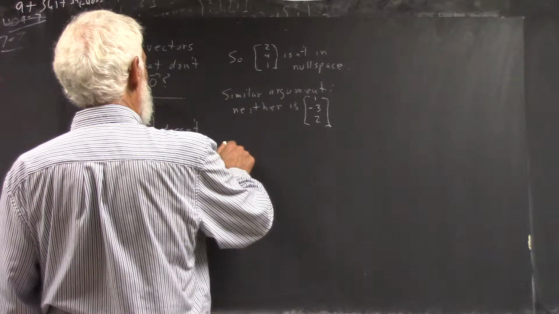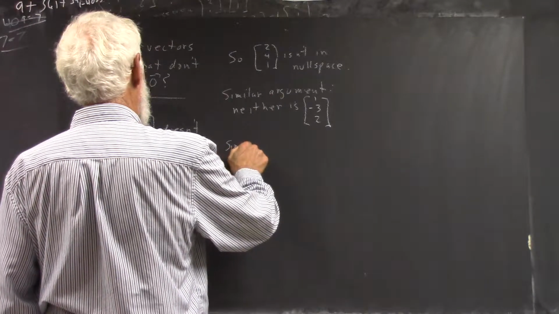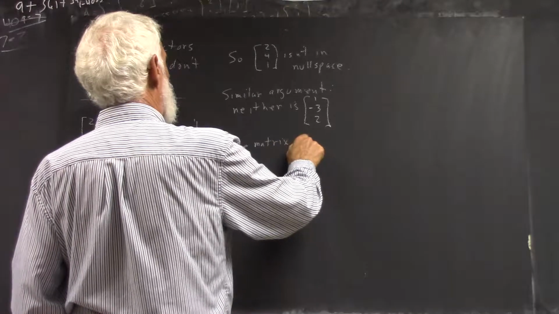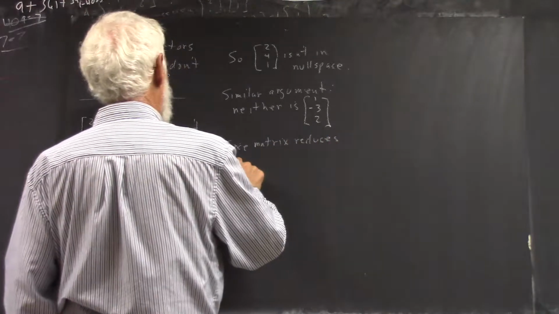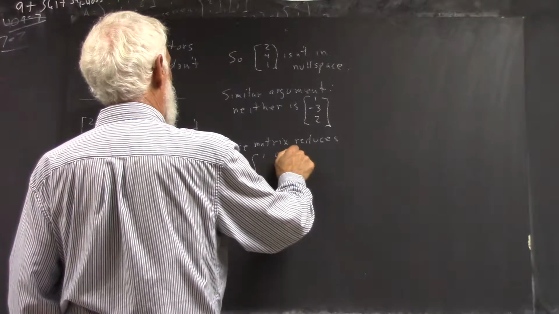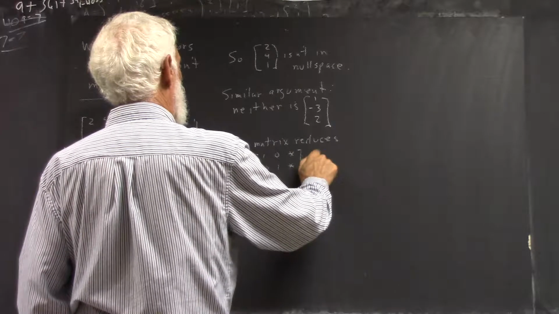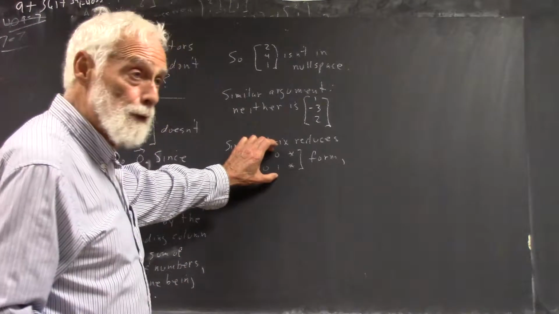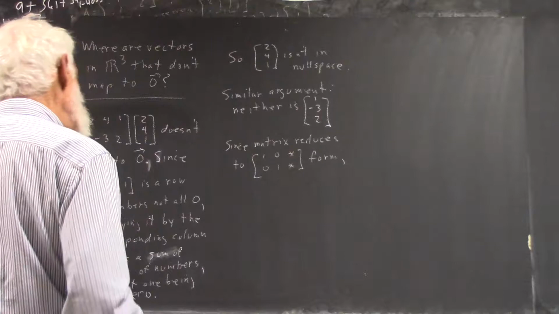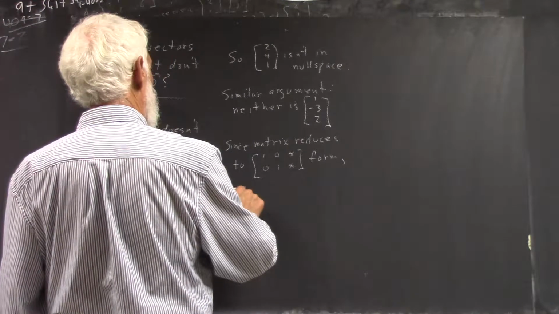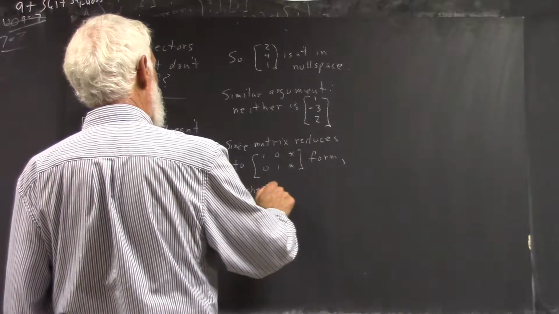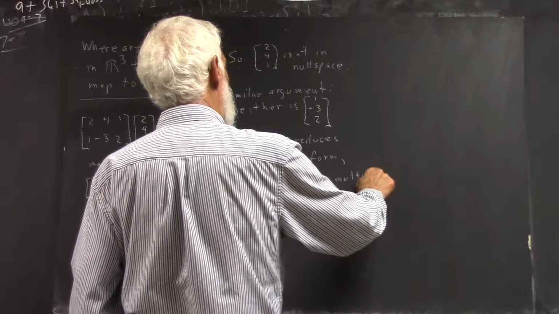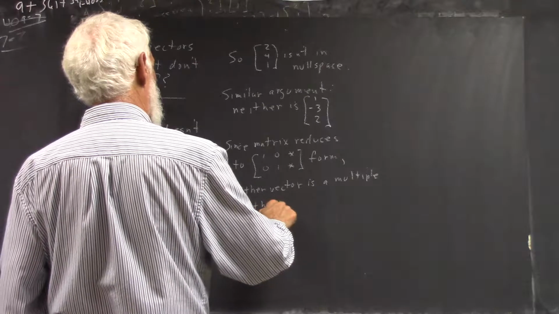And since the matrix exists in this form with an identity matrix here, neither vector is a multiple of the other.